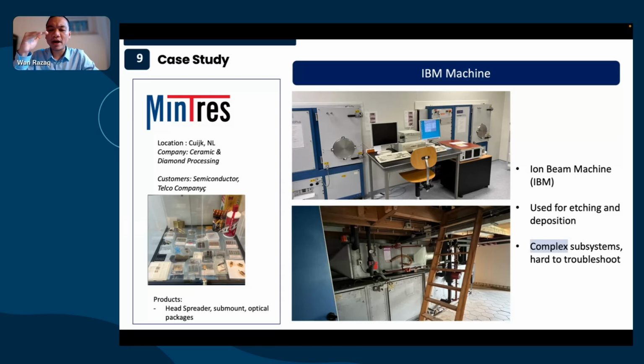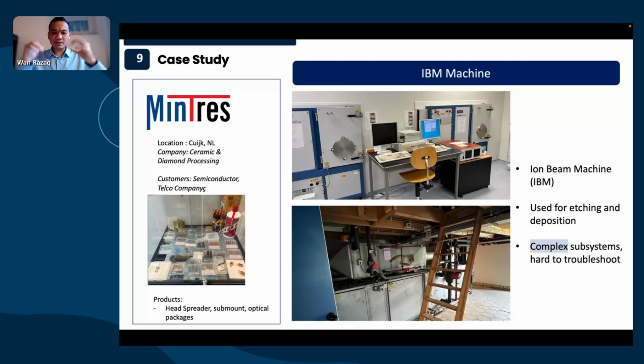So this is really a micro-scale materials machine, used for etching and deposition of materials for producing the products in the bottom left of the screen, as you can see. And this machine is highly complex and hard to troubleshoot because it consists of many subsystems.